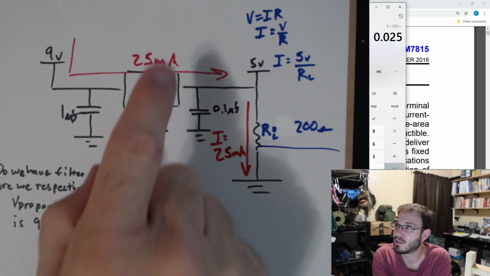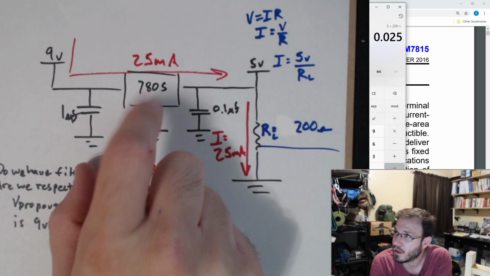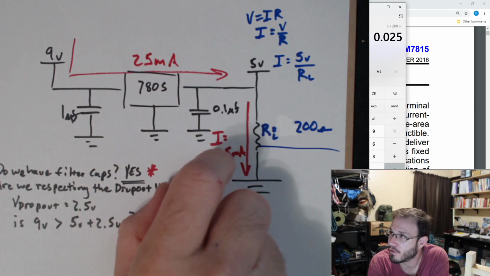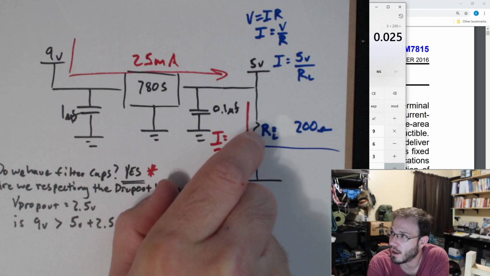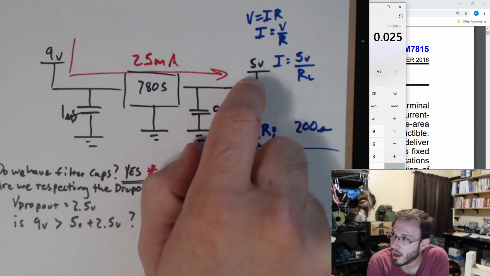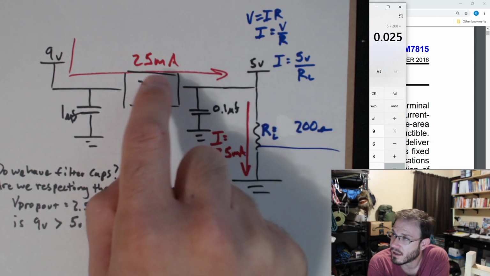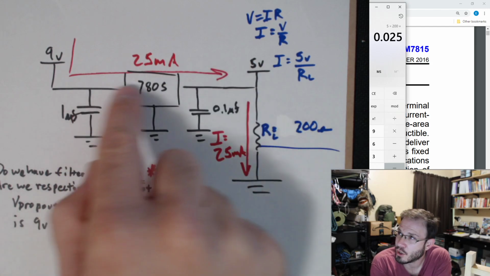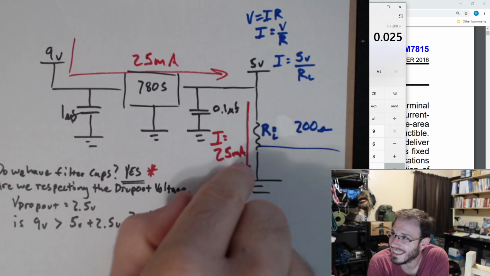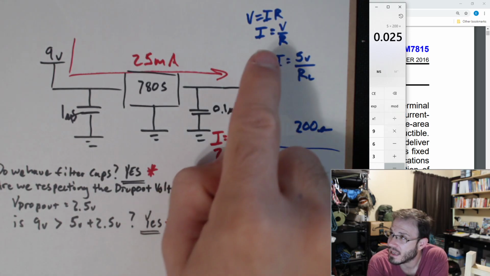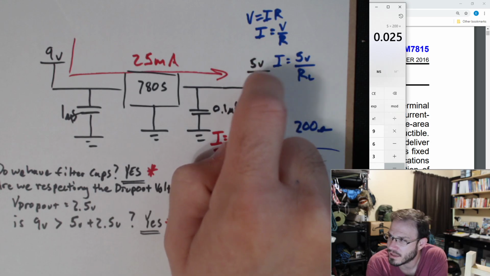Right? It has to. The regulator is controlling how much current is being delivered to this load resistance. In order to maintain a 5 volt constant value here, this 7805 must control how much current is being allowed to go through our device in order to restrict it such that we get 5 volts at this point.